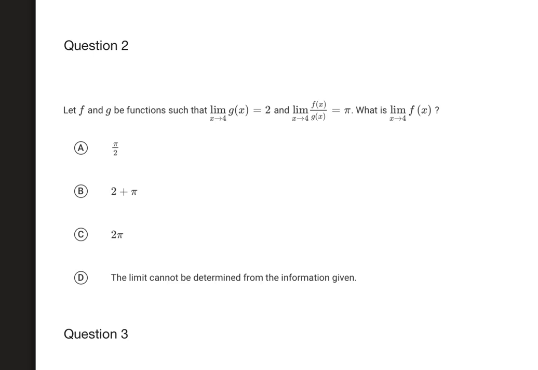They say let f and g be functions such that the limit as x approaches 4 of g of x equals 2, and the limit as x approaches 4 of f divided by g equals pi. So what's the limit as x approaches 4 of f of x? We'll work off of this one. Let's start with that one.